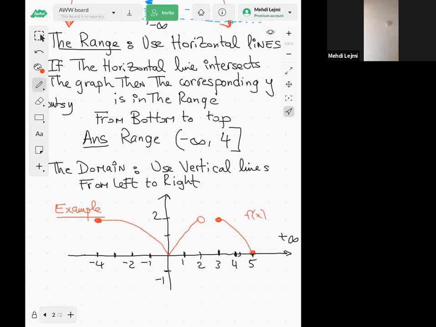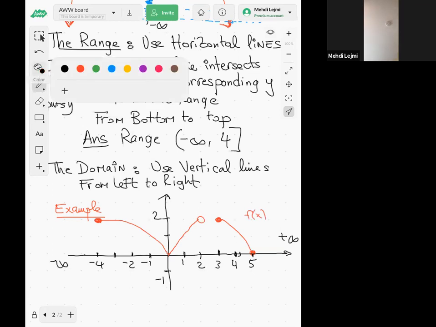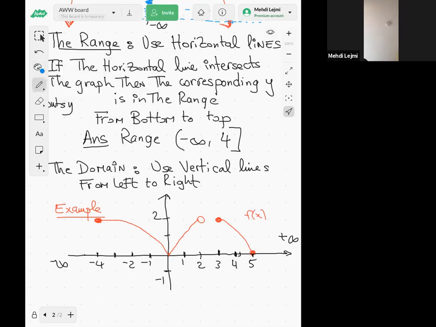Now, as I said, here's -infinity. I'm going to use vertical lines now. You start from the left. You start here from the left at -infinity, and of course, at -infinity there's no intersection, so you continue. There's no intersection, then you arrive at -4, and you're going to have your first intersection at -4.